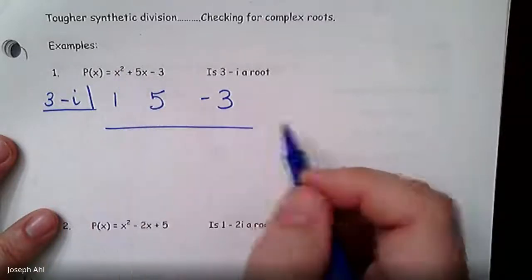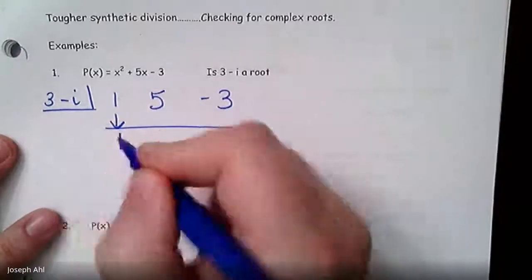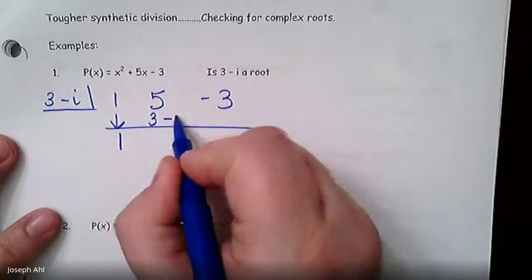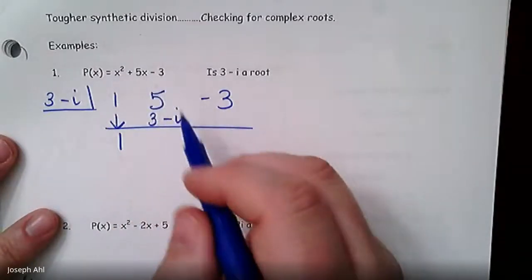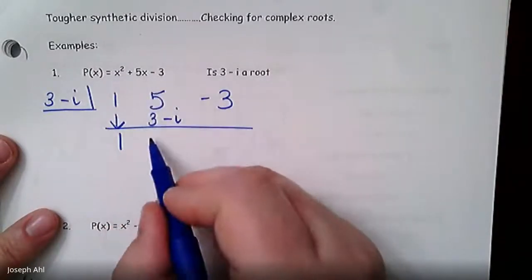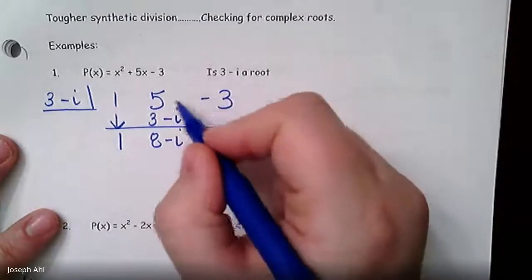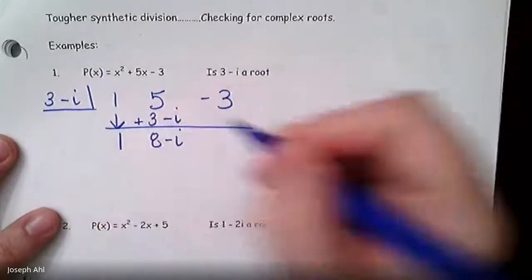If it was cubic, we'd have 4 coefficients to write down, but we're going to bring down the 1. 1 times 3 minus i is 3 minus i. It's just a little weird because now we have to add these complex numbers together. Well, the 5 plus the 3 is 8, and carry down the minus i, right? This doesn't have an imaginary part to it, but we would have 8 minus i if we added those together.